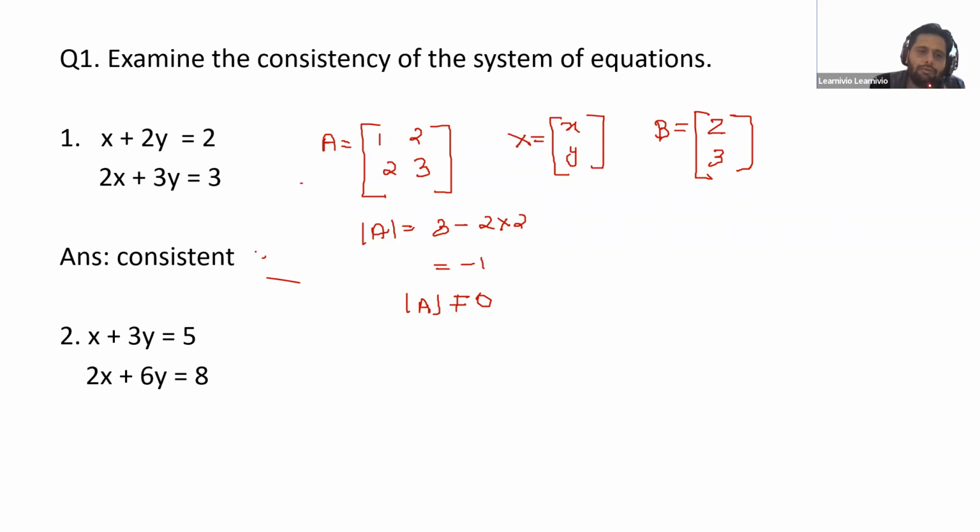Okay, please note this down, Josefa, and try the second question and let me know the answer. Everyone, please try this second one, okay? And let me know if anyone has a doubt in this.